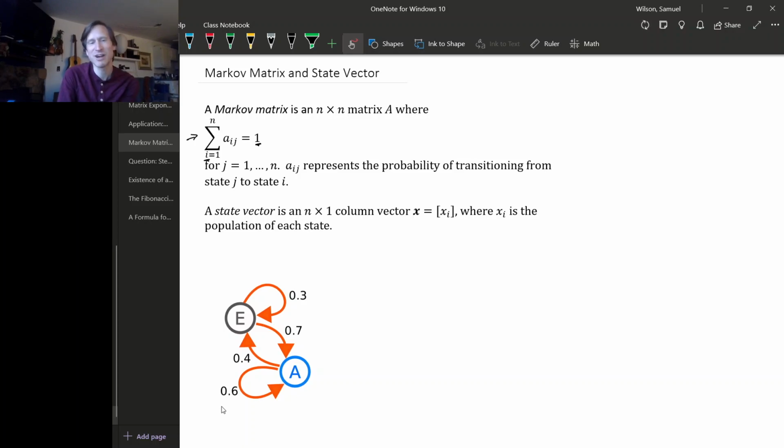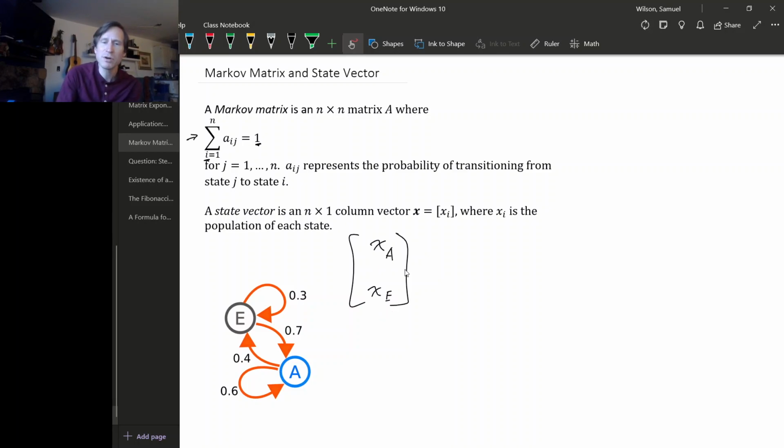So how can you describe the actual state that you're in? Well, we'll describe the state that we're in with the state vector. The state vector just has an entry for each state. So for this kind of situation, we'd have an entry for state A and an entry for state E.